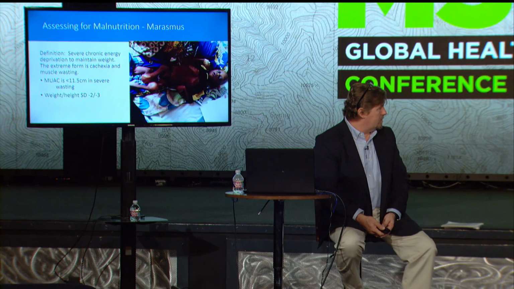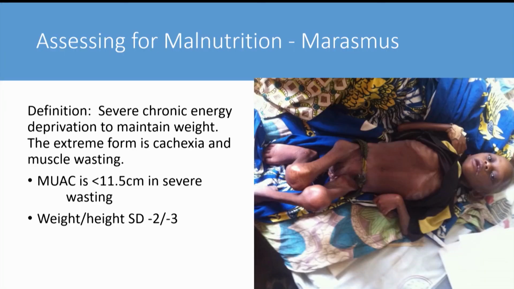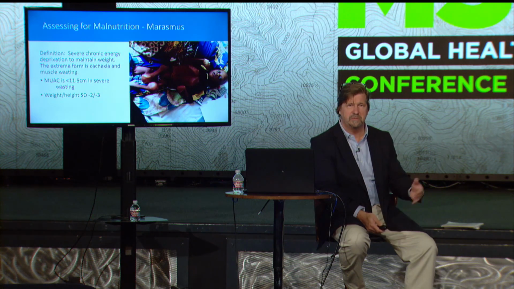We most of the time see marasmus in younger children who have not been breastfed. This might be a little bit older child. Oftentimes you'll see CP kids and kids with chronic illness that appear like this. They're a little older in some of the contexts that I'm sure you guys work in and that we work in.